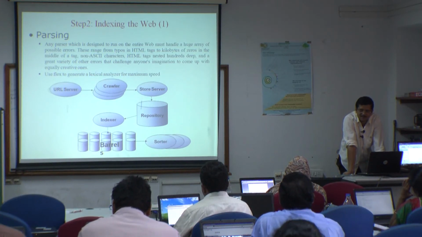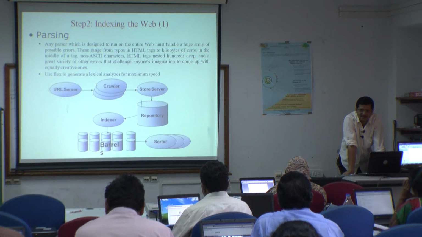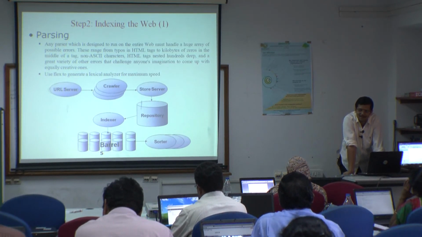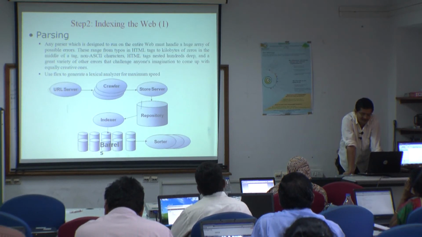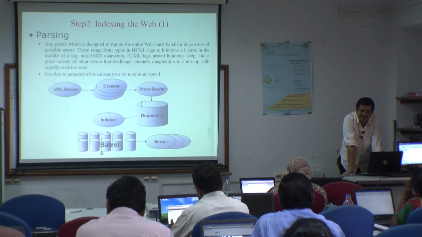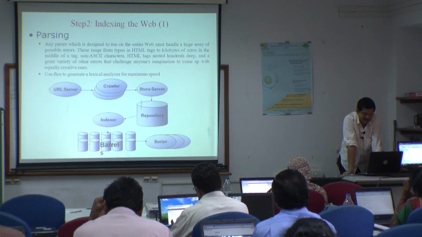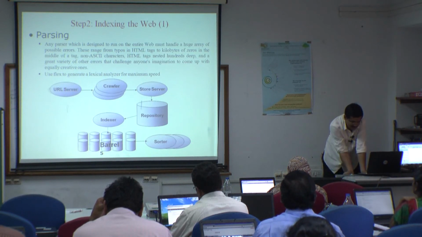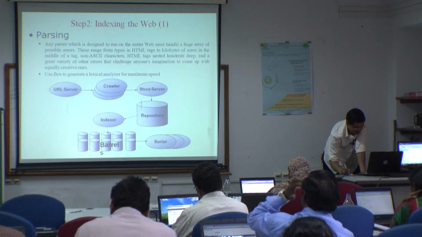Parsing means you extract the words and their occurrence frequency, and then after that you calculate the inverted index. So these are the basic tasks used by all search engines. This is the basic structure used by the search engine.